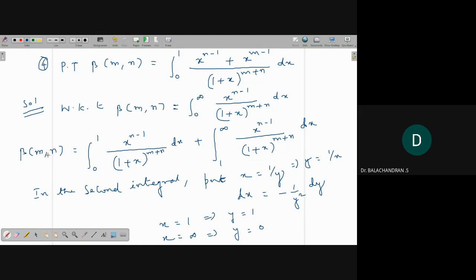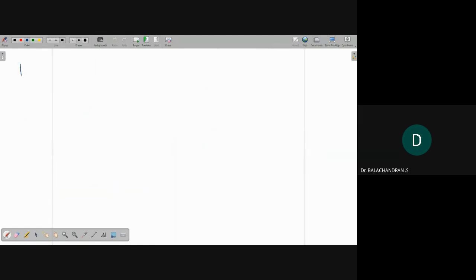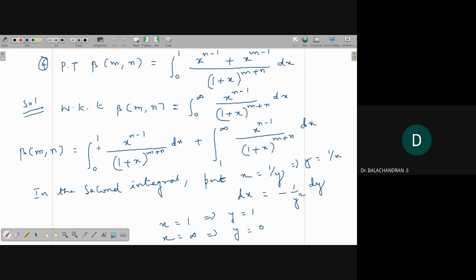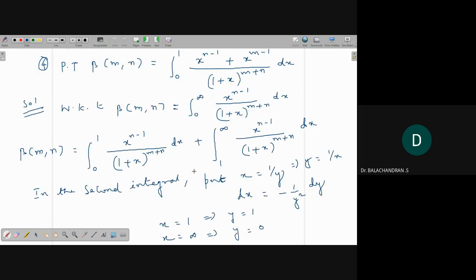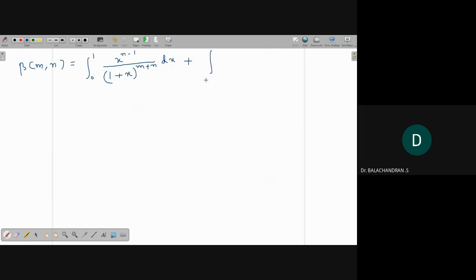Now I'll go to the next page. I'll write beta of m comma n is equal to the integral from 0 to 1 of x^(n-1) divided by (1 plus x) whole power m plus n dx, plus the integral from 1 to infinity. 1 to infinity means 1 to 0, here y varies from 1 to 0.